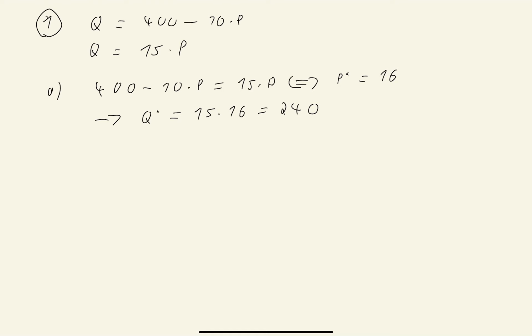So the consumer surplus, which I shortcutted here with CR, is equal to the maximum willingness to pay for the product, which is simply found by setting the demand curve equal to 0.